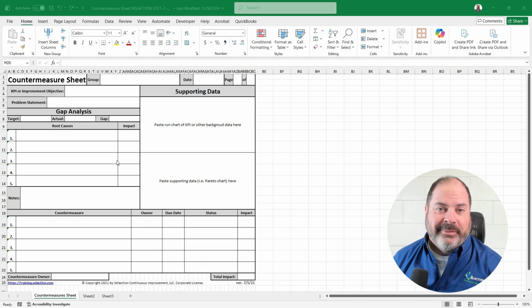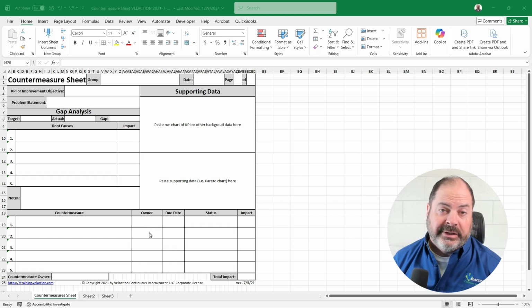I'm just pulling numbers out of the back of my head right here, so they may not make sense, but the principle behind it is your root cause can come up with more than your gap because your gap isn't going to be to 100%. It's going to be to your target. So with that said, when you get your countermeasures, you do need to cover this gap. So all of your impact over here, when you add it up, needs to be enough to cover the gap.